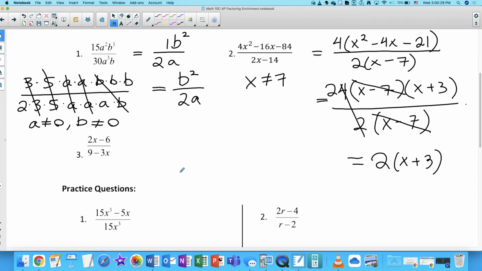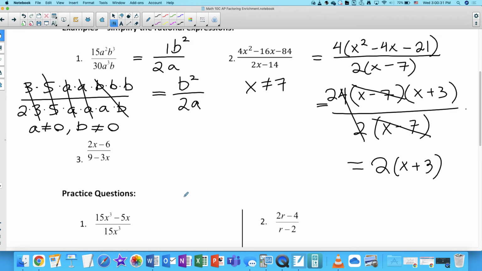Okay. So 2x minus 6 over 9 minus 3x. Okay, so numerator. How can I factor the numerator? There's GCF of 2. And what about in the denominator?